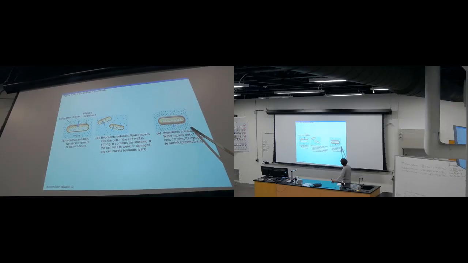So this is plasmolysis. In this case, see how the plasma membrane separates from the cell wall. And this separation will lead to a dead signal, so the cells will die. So any questions?